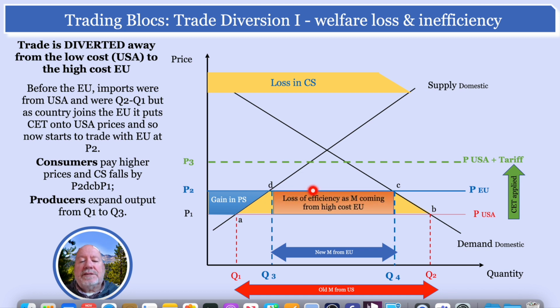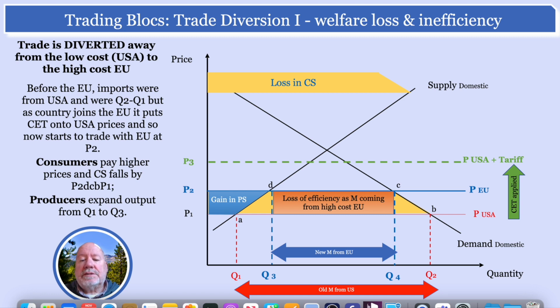This box in the middle though is an efficiency loss. Now, the loss in consumer surplus is this whole area. There's no tariff, remember, on EU imports, so this isn't a tariff box, and therefore the loss in surplus is that whole area there, DCBA.